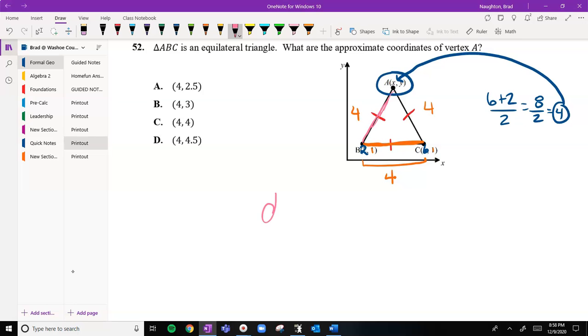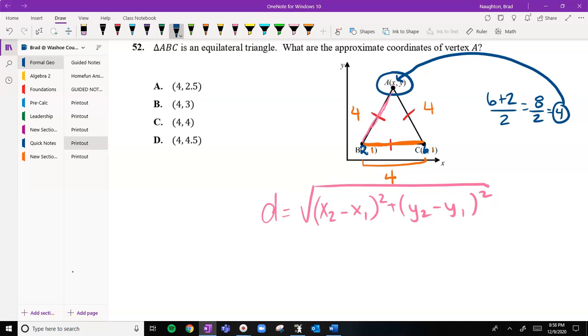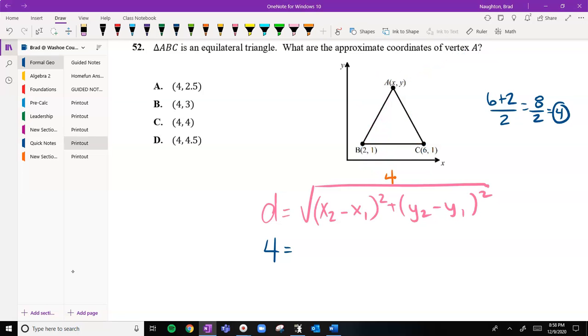So what I'm going to do is I'm going to use the distance formula. So that's x2 minus x1 squared plus y2 minus y1 squared. I know that the distance, because it's an equilateral triangle, all sides are 4. And so now I just got to pick one point. So let's pick this 2, 1, because my numbers are smaller.